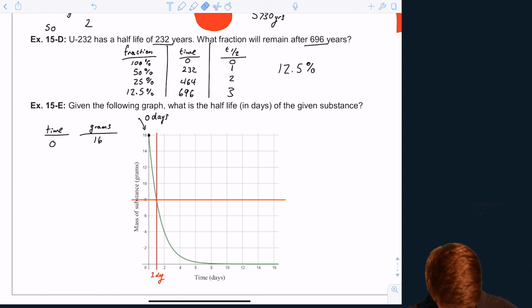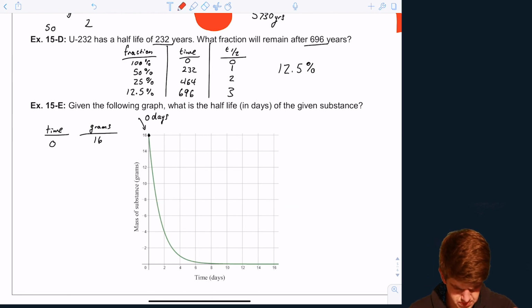What I could do instead is go and say, oh, well, look here. I have 4 grams at 2 days, but that's not my half-life because 4 grams isn't half of 16 grams. But I know that 4 grams that occurs at 2 days is the second half-life.